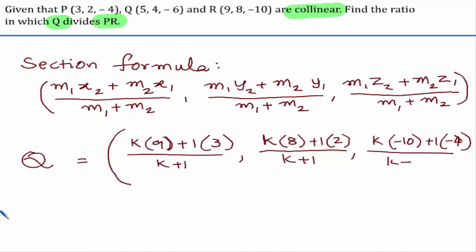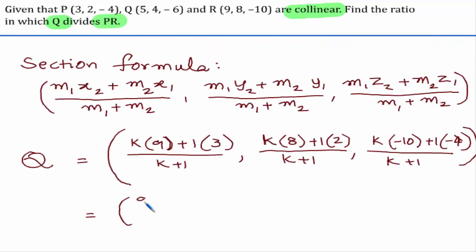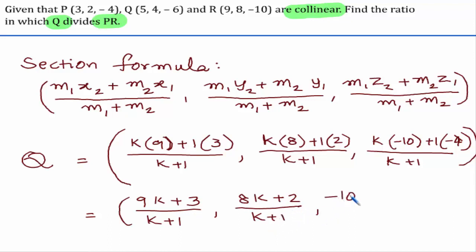We have to be very careful while substituting these values. Now, on simplifying, we get (9K + 3) by (K + 1), (8K + 2) by (K + 1), and (-10K - 4) by (K + 1). But we know the point Q is (5, 4, -6).